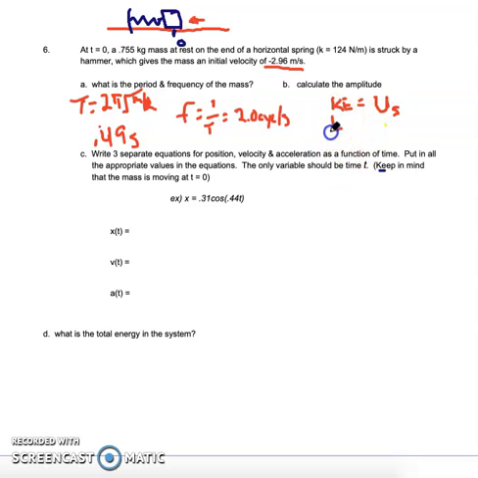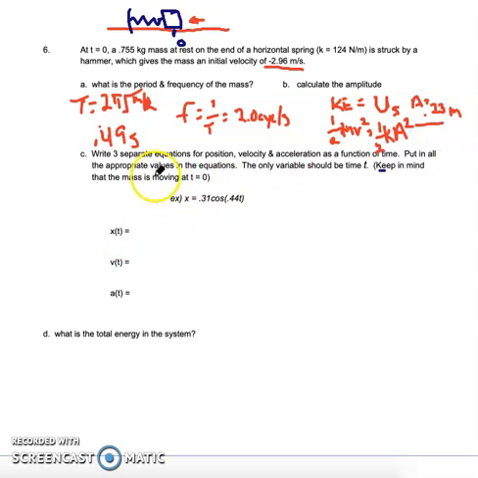So once again, we have 1/2 mv squared equals 1/2 k, and since we're looking at the maximum displacement, that's where our amplitude comes in. So not just a generic x squared, but an A squared. Put in the numbers, solve for A, and we get 0.23 meters. Okay, so that's A, and that's going to come up later.